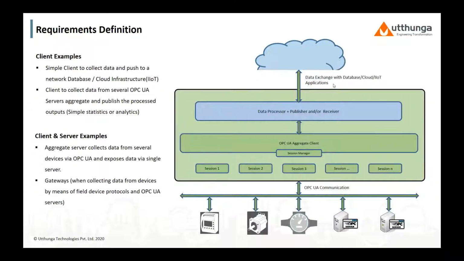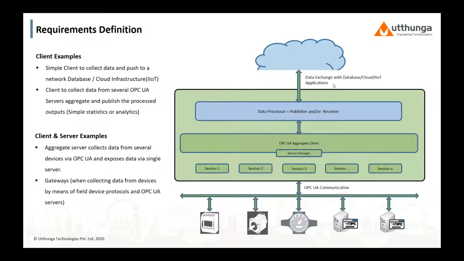And a simple client example can be a client which just connects to the device, collects the data, and then pushes it to any network database or cloud infrastructure or to an analytical platform and so on. And there can be a small edge analytics executing on the collected data, and then that data being exposed again as OPC UA data, which becomes a simple client-server example as well.